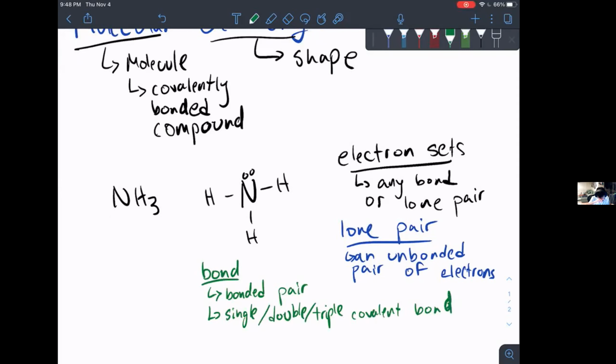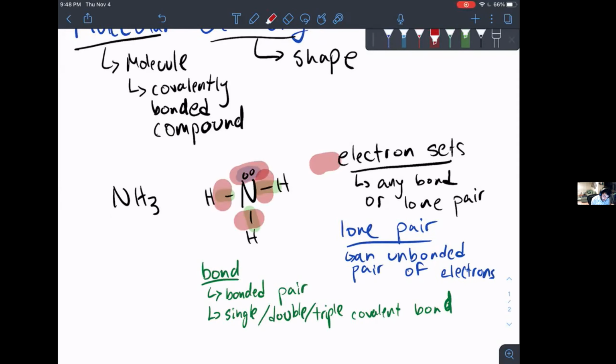So if I do a quick highlight, I'll use green to highlight my bonds. I'll use blue to highlight my lone pair. And I'm not really going to highlight in gray. I'll just use red to highlight my electron sets, which is just pretty much everything.